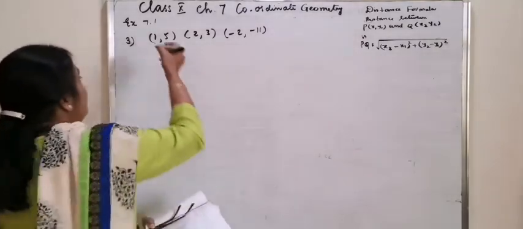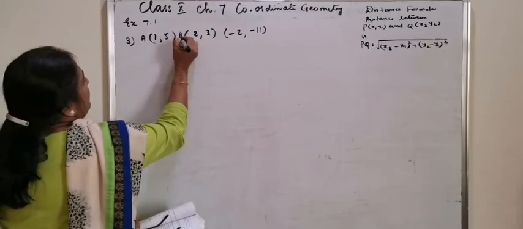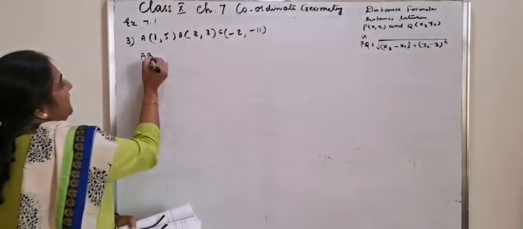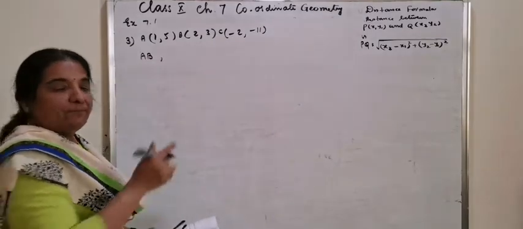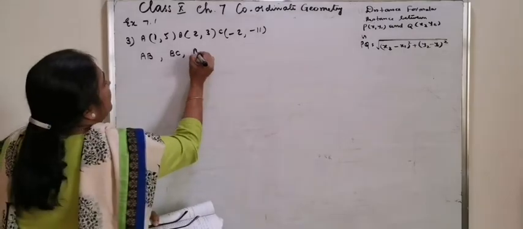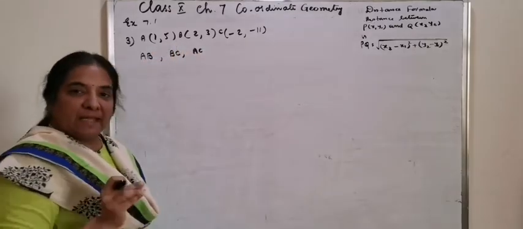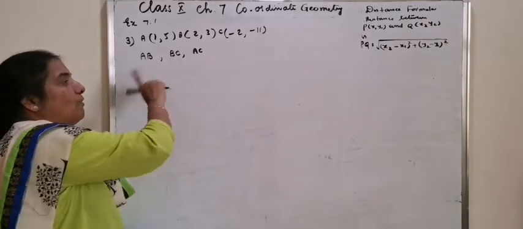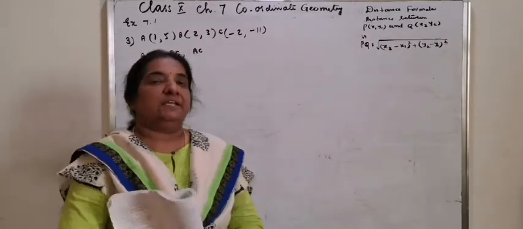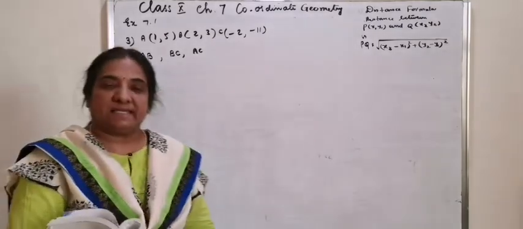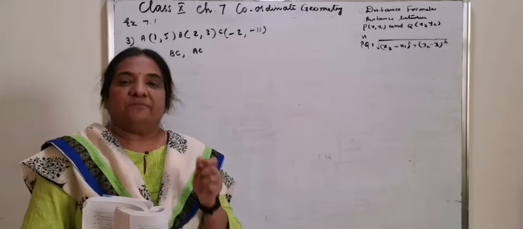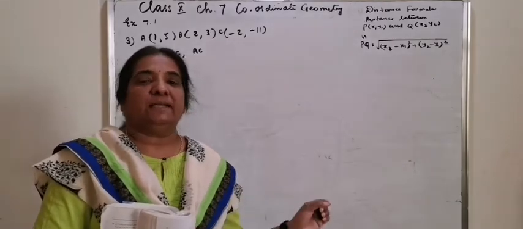If you name the points as A, B and C, you can find AB by distance formula, you can find BC by distance formula, you can find AC by distance formula, and if the sum of any two gives the third one, it need not be AB plus BC is AC, the sum of any two, if it gives the third one, we can say that the points are collinear.